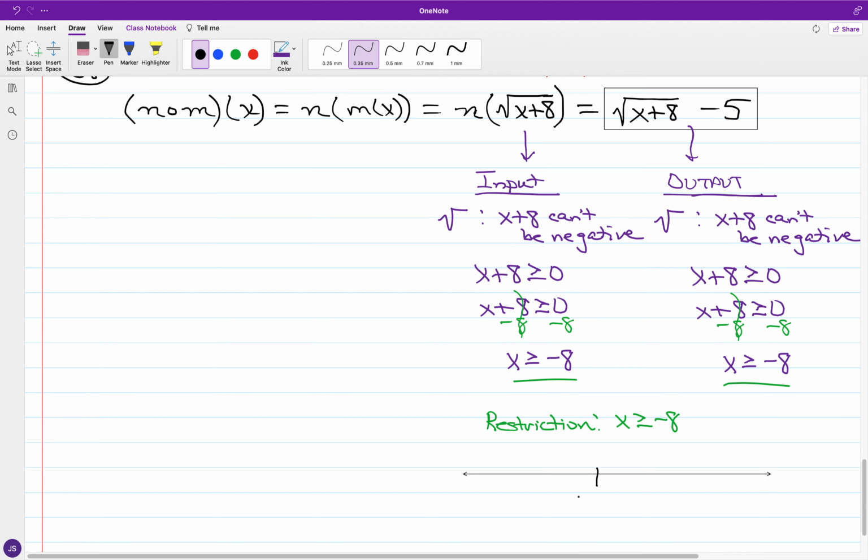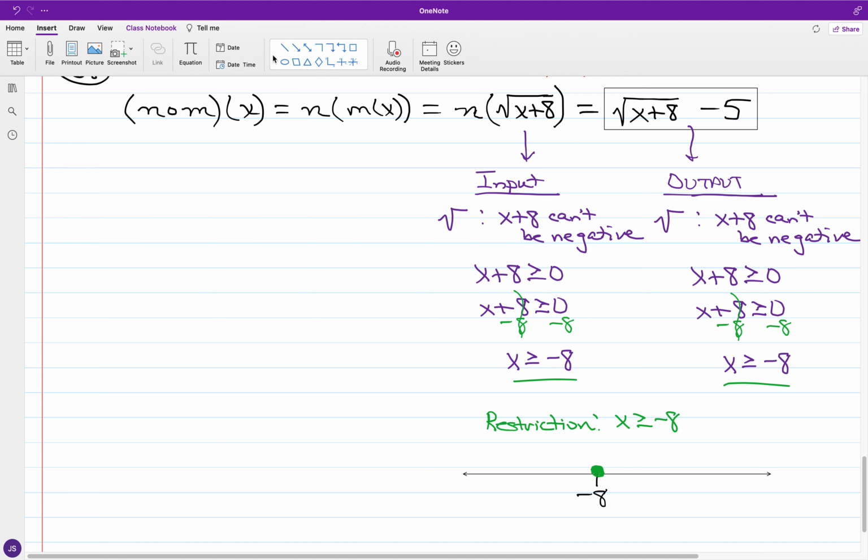We have x is greater than or equal to negative 8. Negative 8 is included. So once again, we have a solid point to start out with, and the rest of the values can be greater than, so we have, once again, a ray that's going to go out to the right.